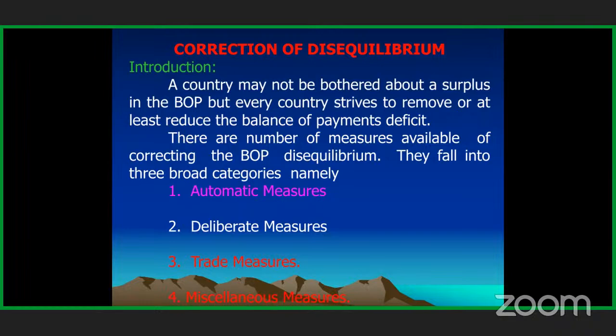If it is not possible to correct the balance of payments with the automatic measures, the government has to intervene in the economic activities and introduce some deliberate corrective measures to correct the disequilibrium in balance of payments. The various deliberate measures may be broadly grouped into monetary measures, trade measures, and miscellaneous measures.